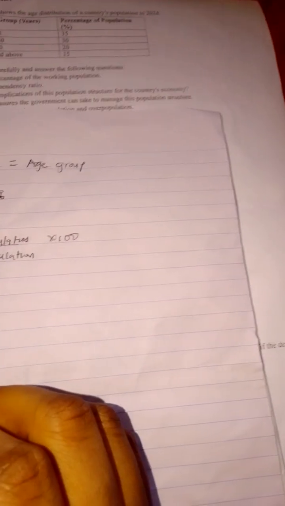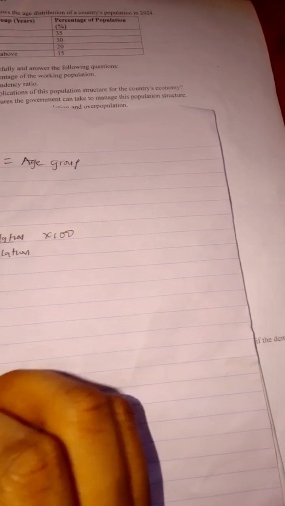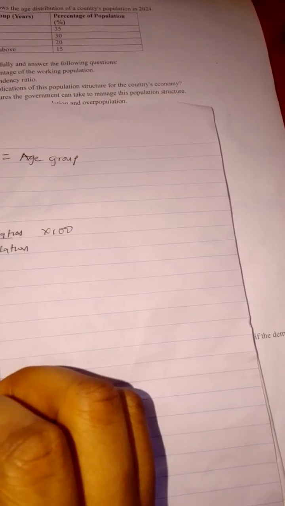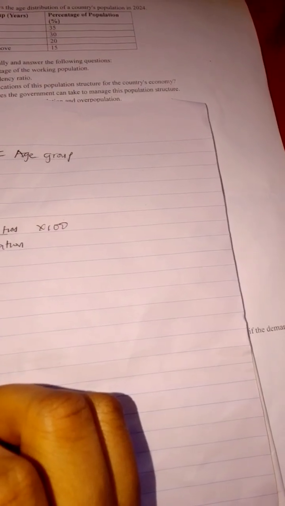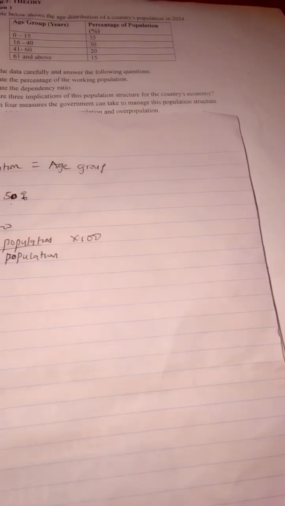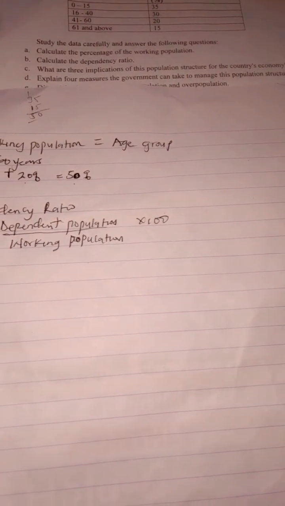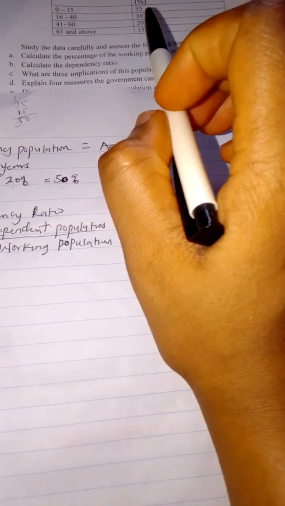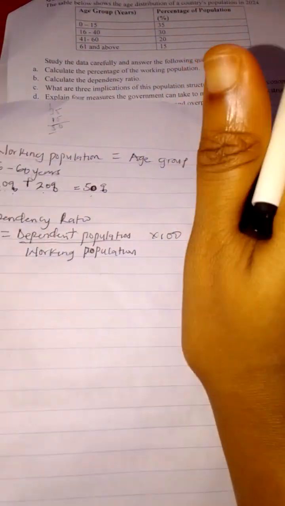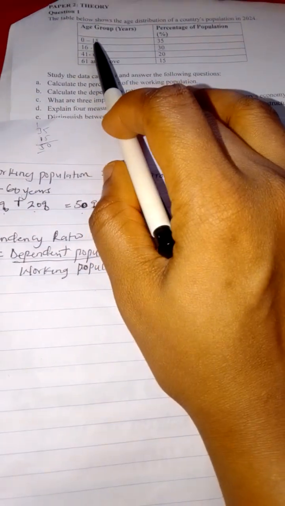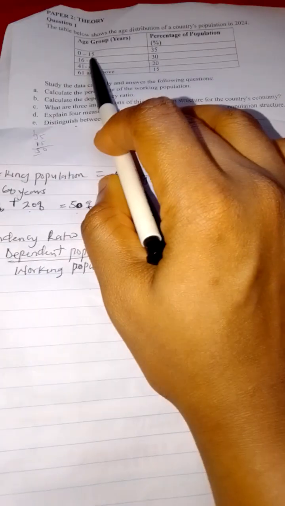Now, what's the range of the dependent population? Those who depend on those who are working. It's as simple as that. Children depend on their parents, who are actually working. So we have 0 to 15 years who still depend on their parents for survival.